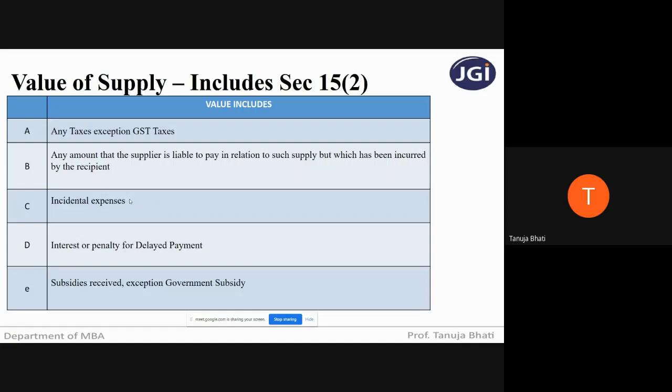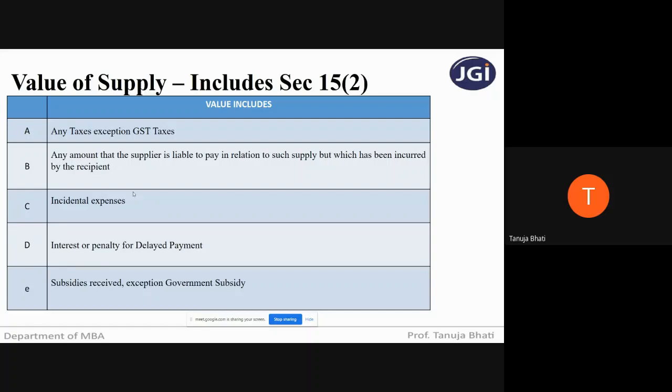Either it can happen at the time of delivery or before delivery of supply of goods or services. So any expenses in relation to the supply of goods or services which are additional, incidental, ancillary, like commission, packaging, insurance, parking expenses, whatever expenses are additionally incurred in the supply of goods or services, that has to be added to the transaction value.